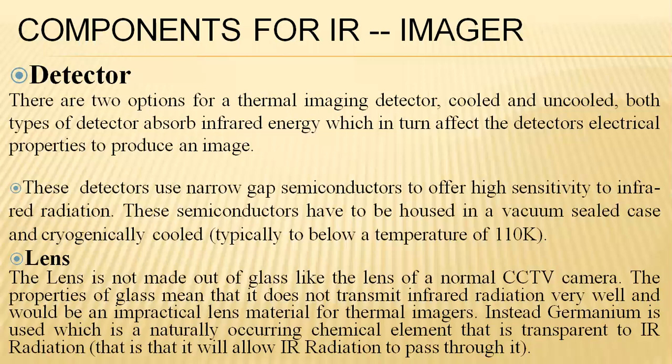These detectors are very much narrow gap semiconductors, which offer high sensitivity to infrared radiation and its conductivity. The next thing is a lens, which is made of glass as in a normal CCTV camera.